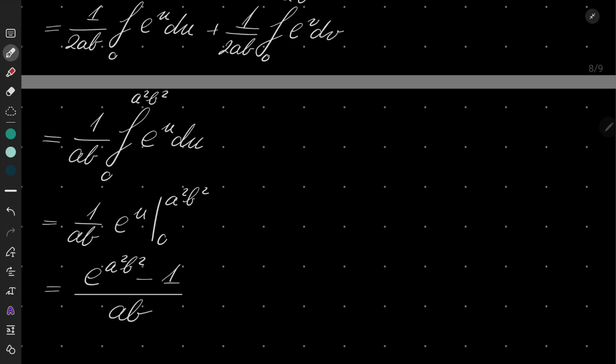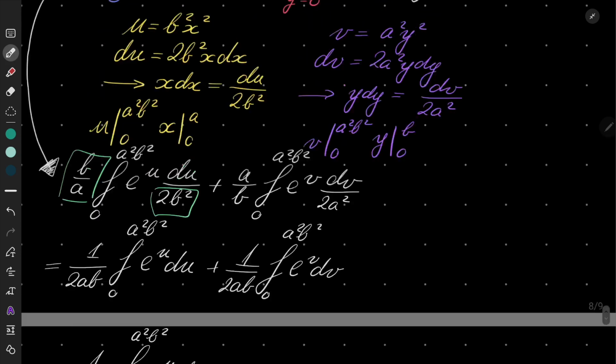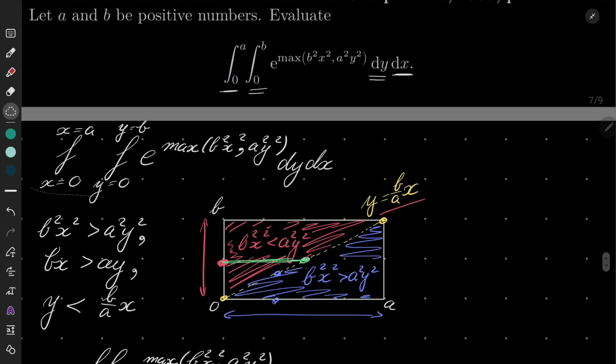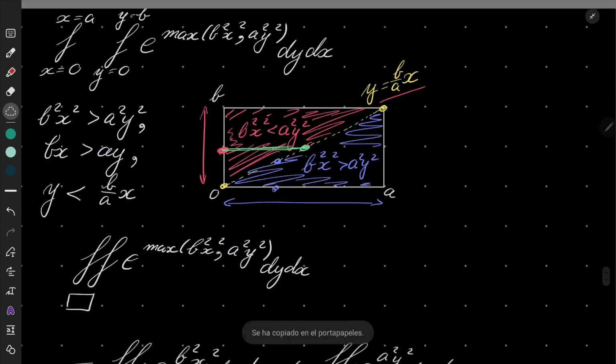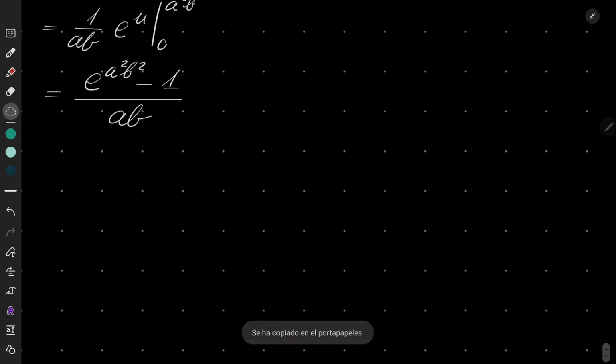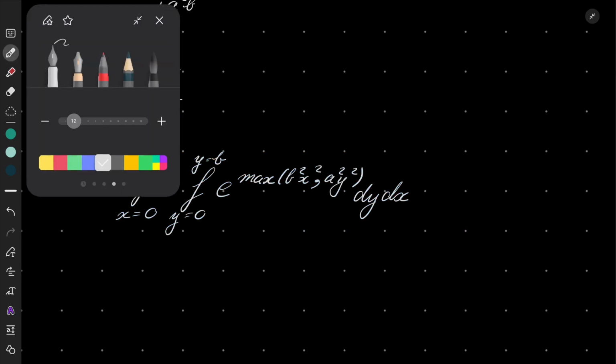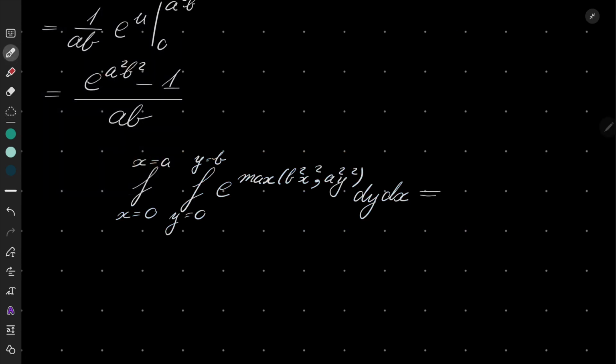And that is our answer. Our integral equals e to the power a squared b squared minus 1 over ab.